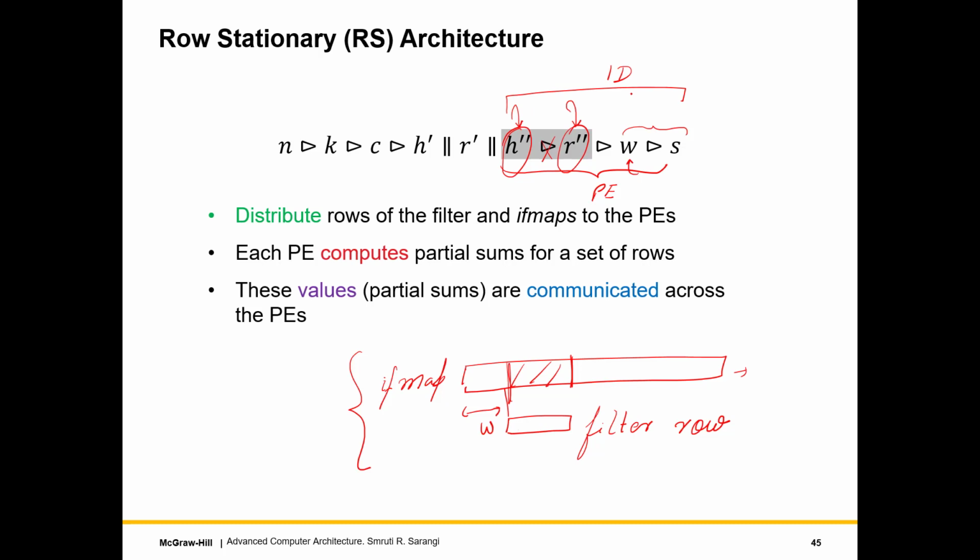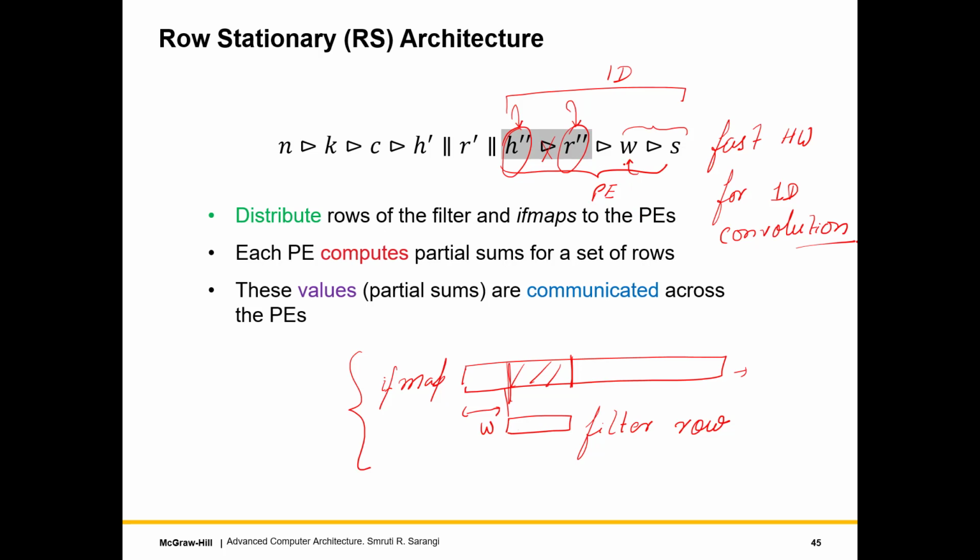The reason the row stationary architecture is very popular is that, as we shall see, the hardware for 1D convolution is very fast. So we have ultra fast hardware for 1D convolution.